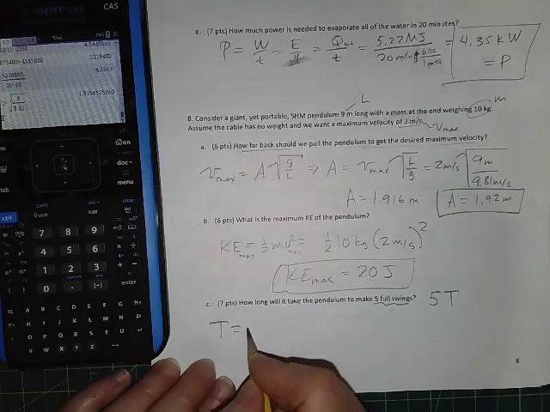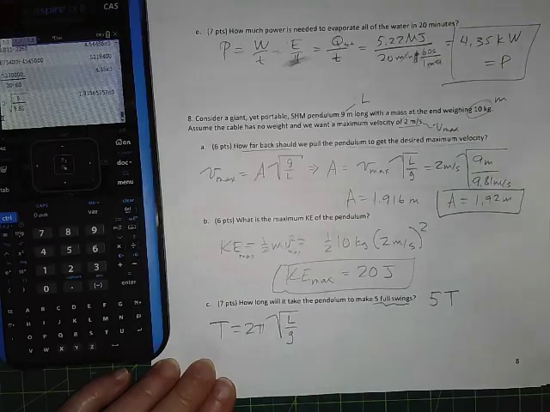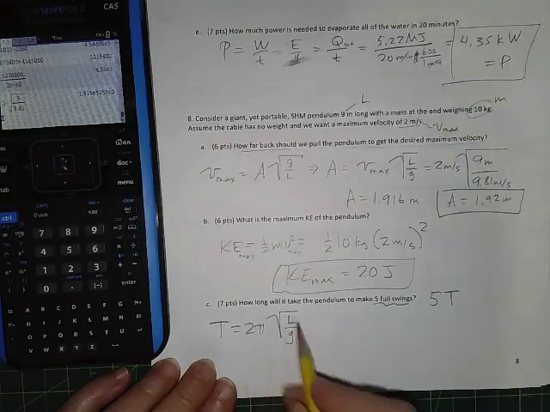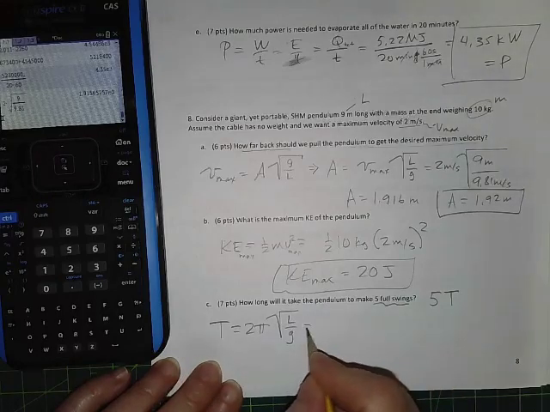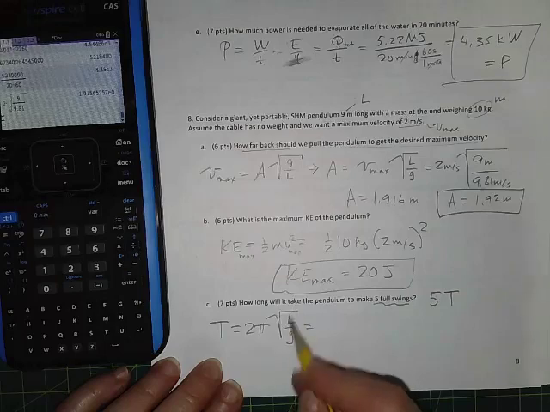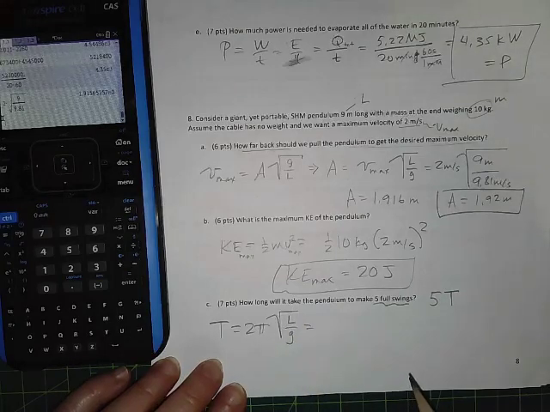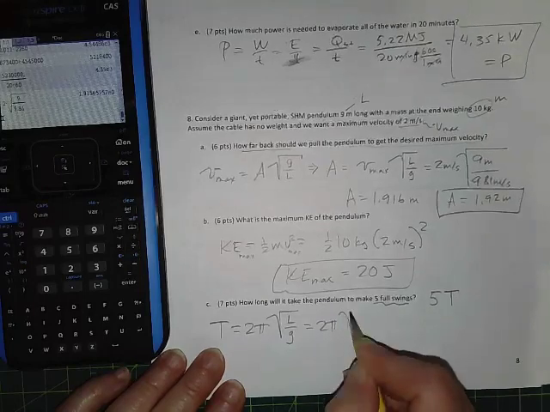T is 2 pi square root of L over G. Anyway, similar to the other one that we did for the mass, just different. Instead of L over G, we had M over K.